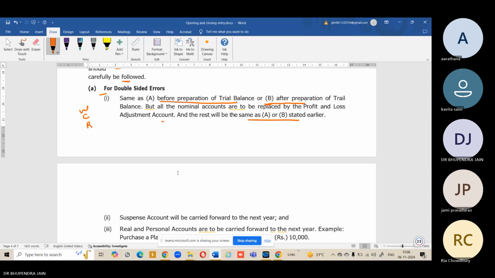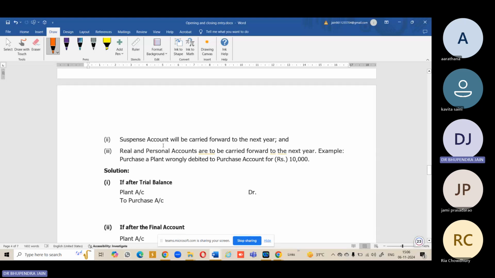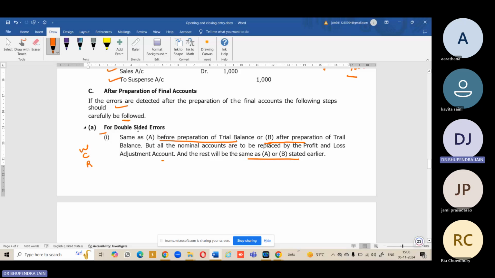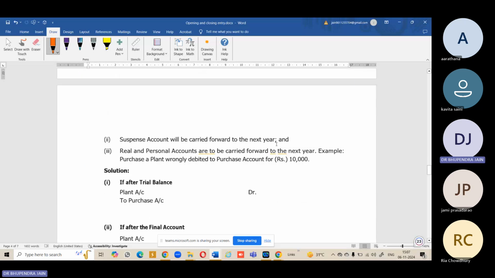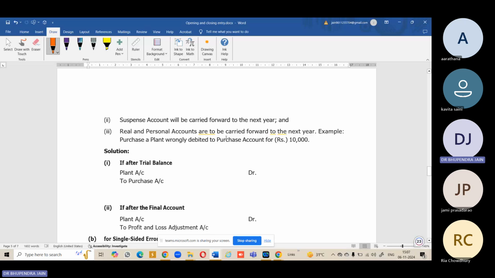Now, first case. Now the suspense account will be carried forward to the next year. First, double entry. If the suspense account is created, it is carried forward to the next year, and real and personal accounts are carried forward to the next year. For example, purchase of plant wrongly debited to the purchase account.